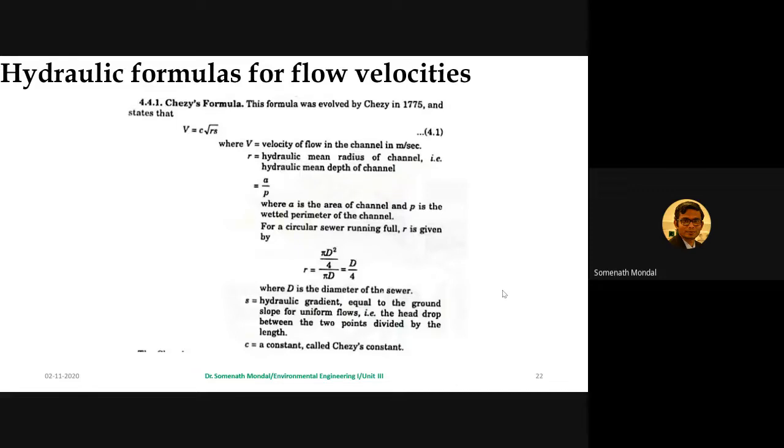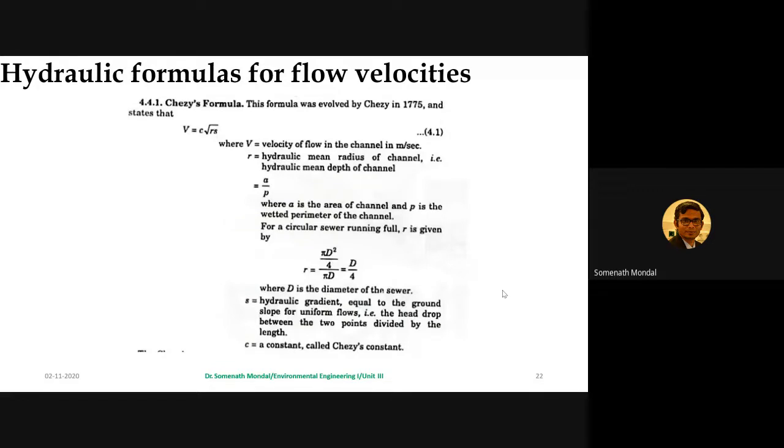In other words, it is the head drop between the two points divided by the length. This is known to all of you if you remember what you studied in Soil Mechanics 1 while determining the hydraulic gradient in the permeability chapter. The same thing here we are mentioning as S.